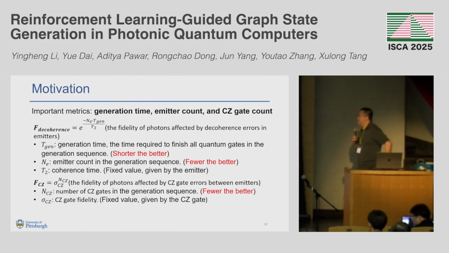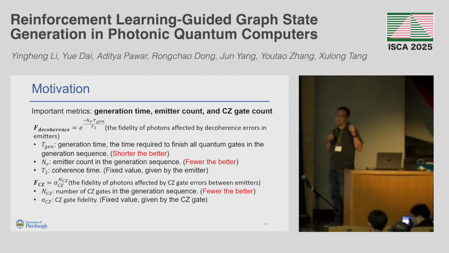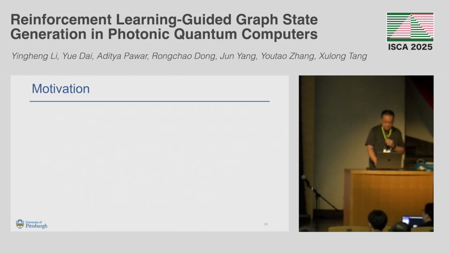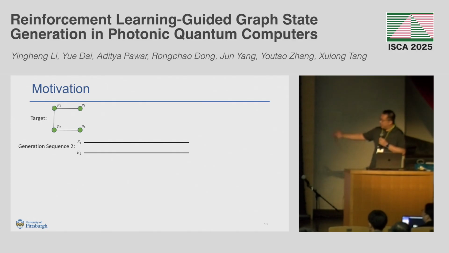Second, the fidelity of the CD gates. Remember, the CD gates are used for entanglement between the emitters. So again, at a high level, fewer CD gates will be beneficial compared to using more. With this in hand, if we look at the same example, there can be multiple ways to generate this graph. I'll show one here.